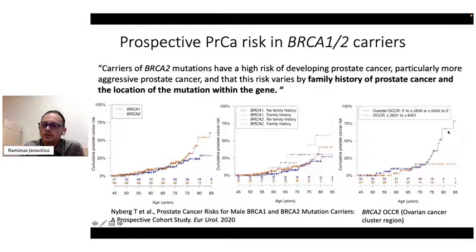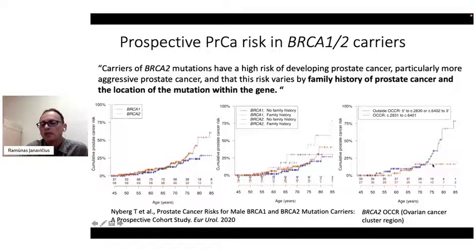There was a significant finding about the localization of mutation, because that was known for a while. There are particular places, a region in the BRCA2 gene, the so-called ovarian cancer cluster region, which was identified from breast and ovarian cancer studies. It is actually a central part of the gene.